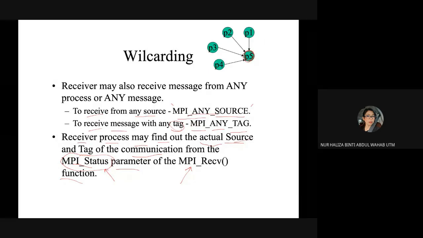If you just use this MPI any source, so processor 1 can send, processor 3 can send. But you don't know who are your sender. If you want to check, you're going to use the MPI status to check from which source. And also you can also check it by using MPI receive function.